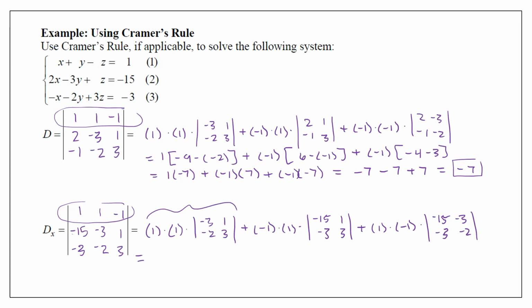Okay. Now my first term here is exactly the same term that I got when finding the determinant D. So I already know what that value is going to equal, which is -7. So now I can evaluate my other two terms.